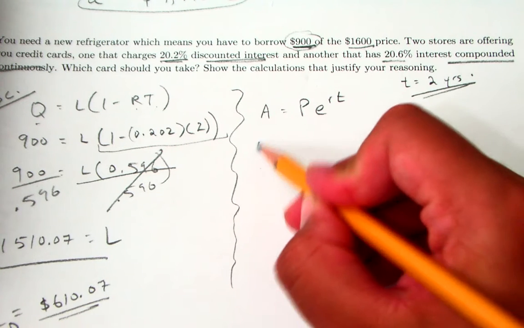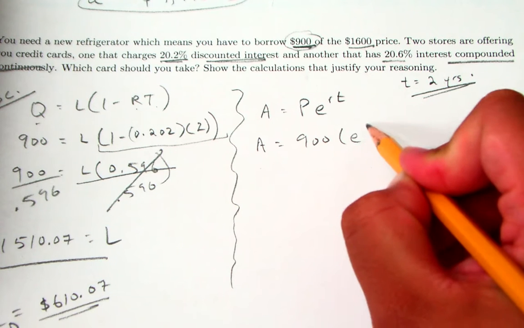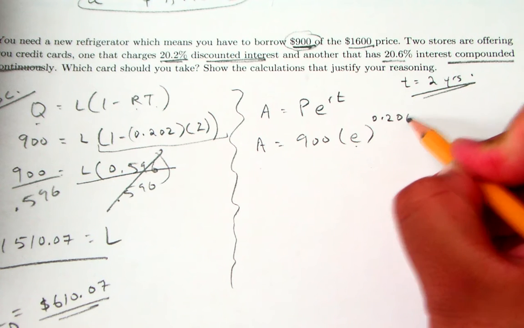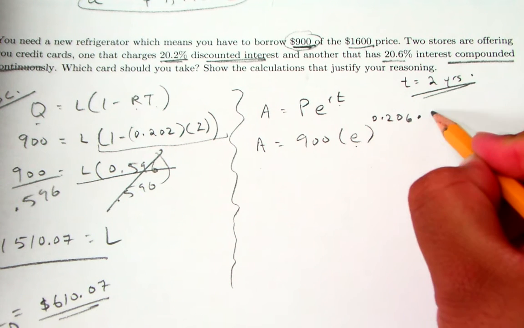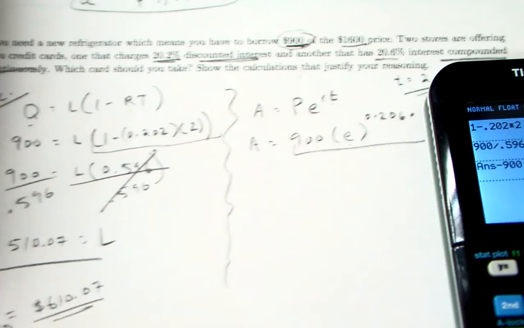So let's see, if I borrow $900 continuously compounded at a 0.206 interest rate times time 2 years, well, there are no variables here. I can actually throw all that in the calculator in one go.